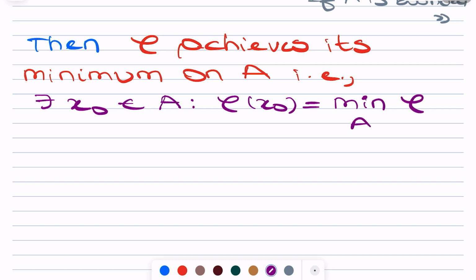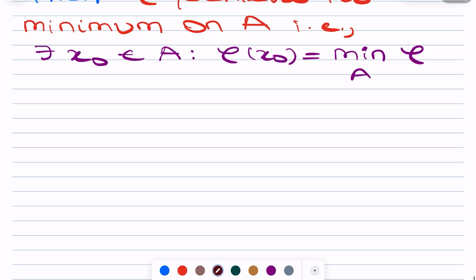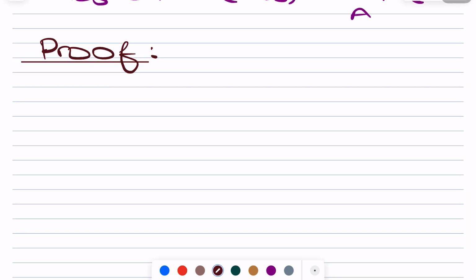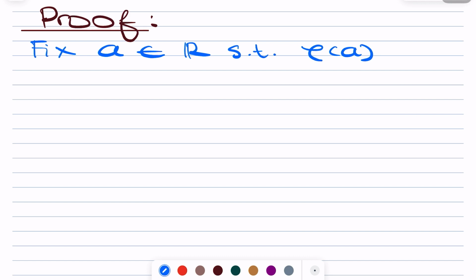Okay, proof. Fix a small a in A such that phi of a is finite.